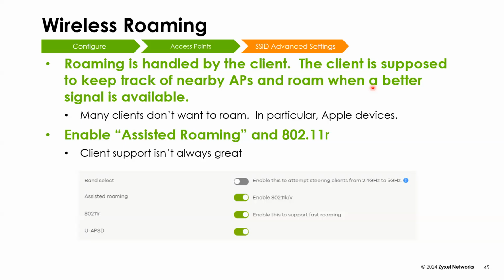For instance, Apple products are extremely famous for being a little too sticky and not wanting to roam between access points for whatever reason. That's how Apple has set it up. Another problem you often run into is that the wireless device has a very strong signal from the access point, but your access point isn't actually able to receive the signals back from the client.